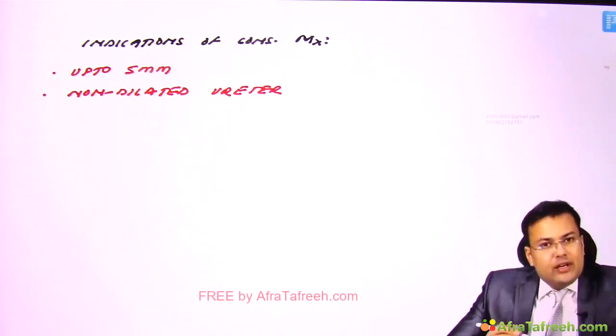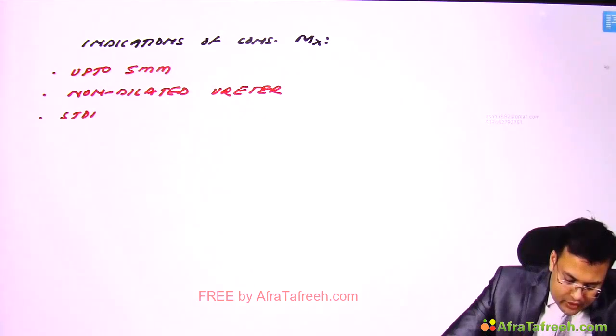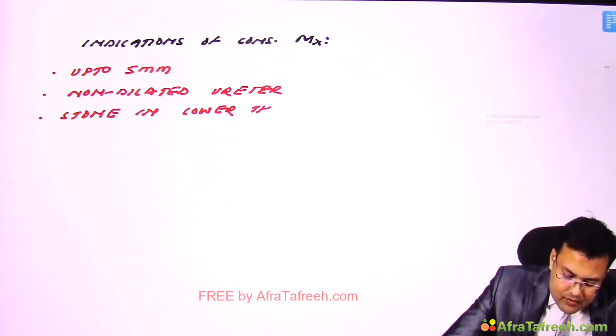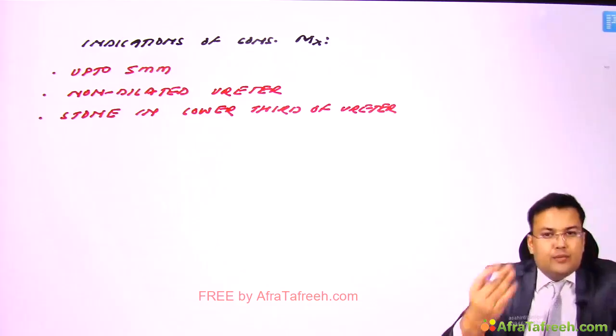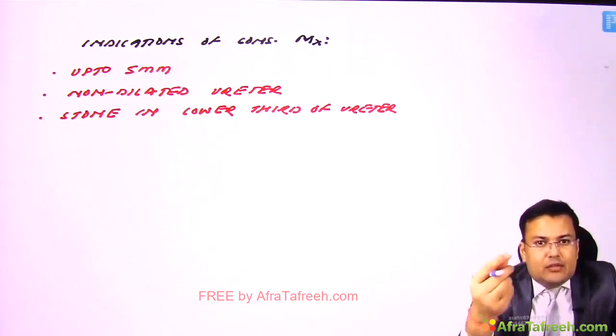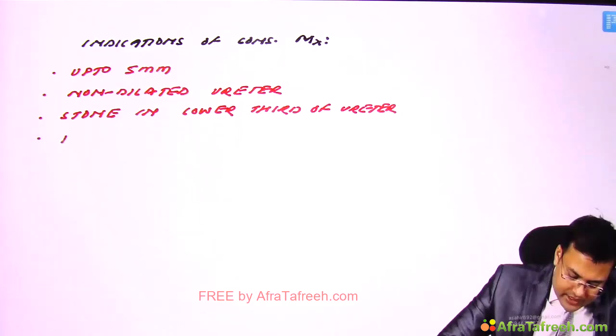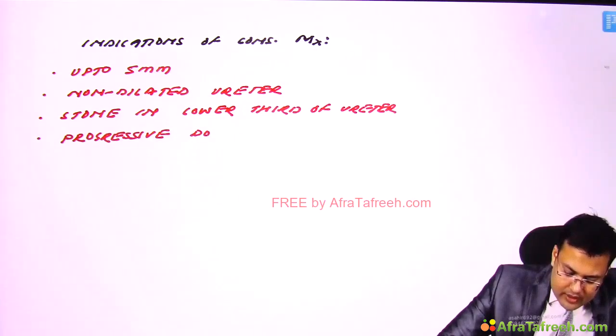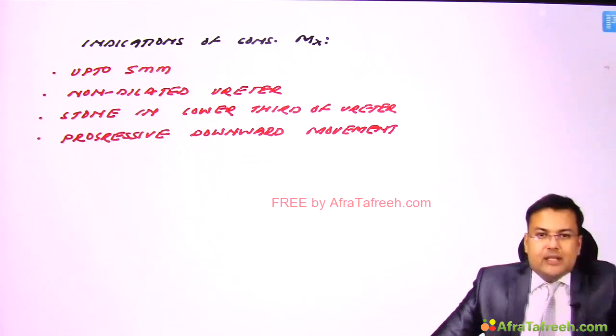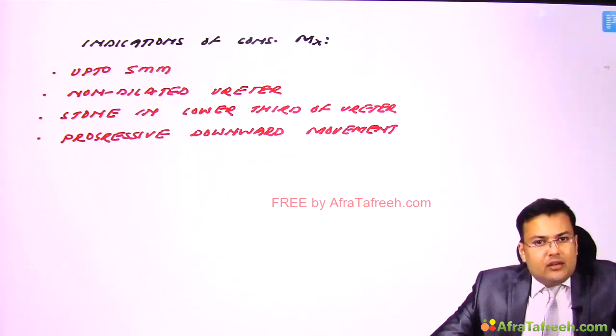The stone is located in the lower third of ureter, and there is progressive downward movement on repeated scan, means slowly the stone is moving downwards in the ureter. Clear?